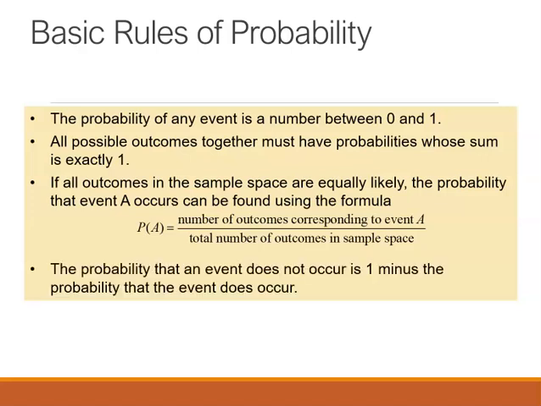And the last piece is that the probability that an event does not occur is 1 minus the probability that the event does occur. That's the complement rule, which we mentioned last time, right?